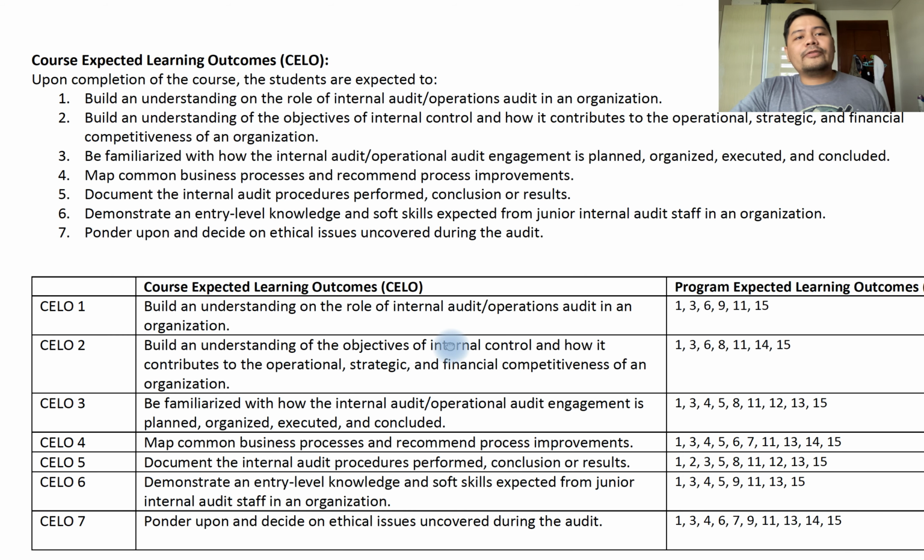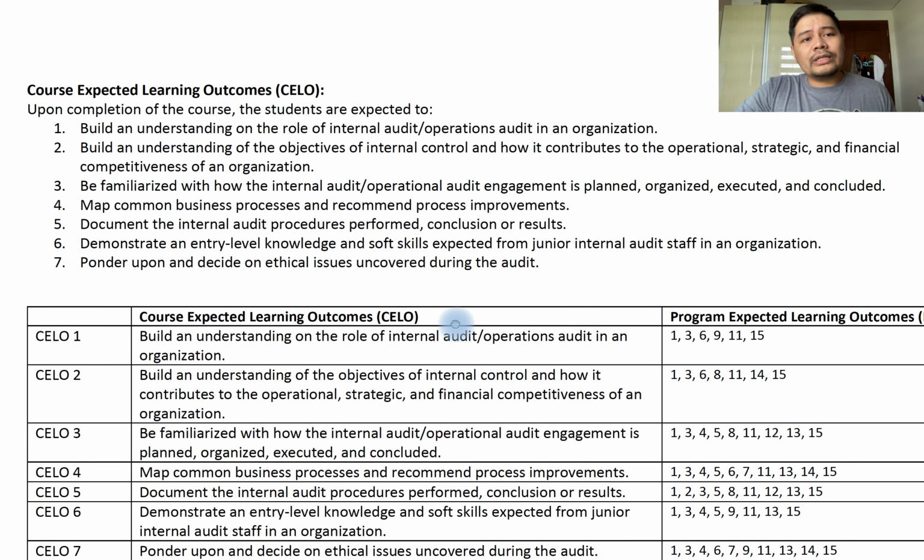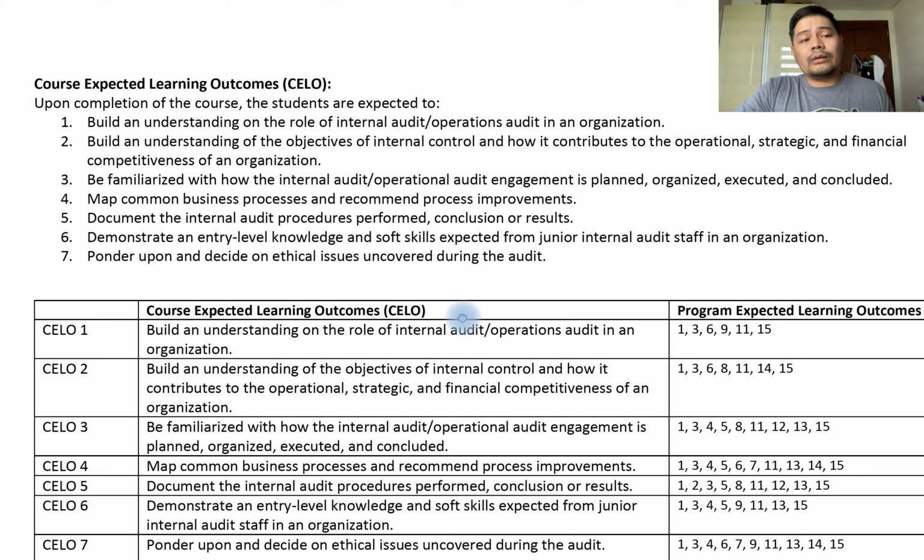Okay, sige. Now, for the SELO, or the course expected learning outcome, this is particular to the course itself. So, dito, it's the AUD 1206. Upon completion of the course, the students are expected to, number 1, build an understanding of the role of the internal audit or the operations audit in an organization.